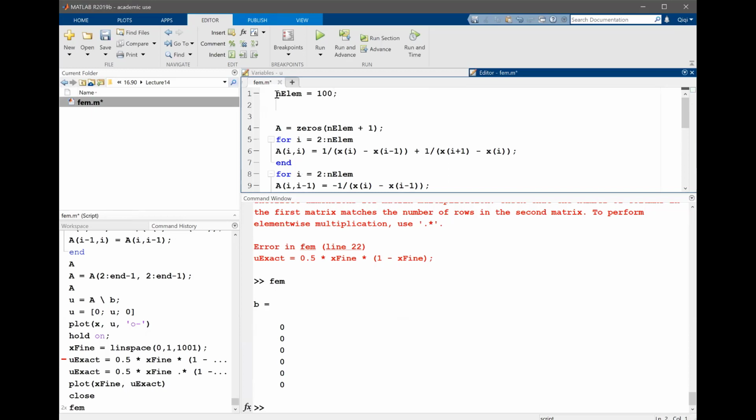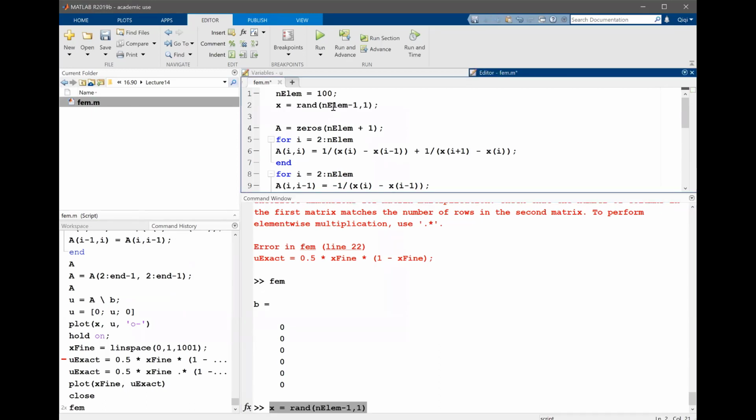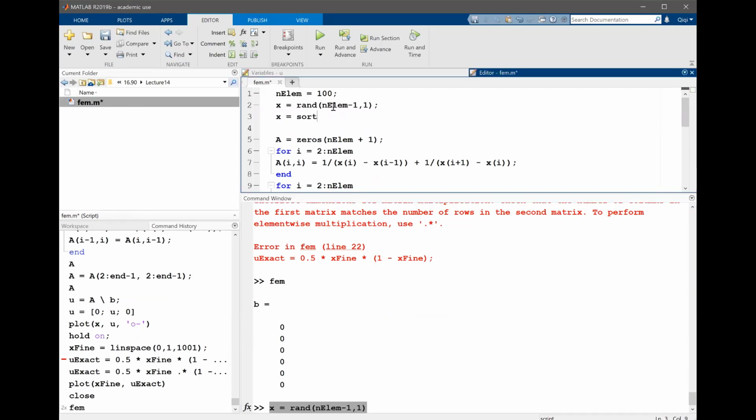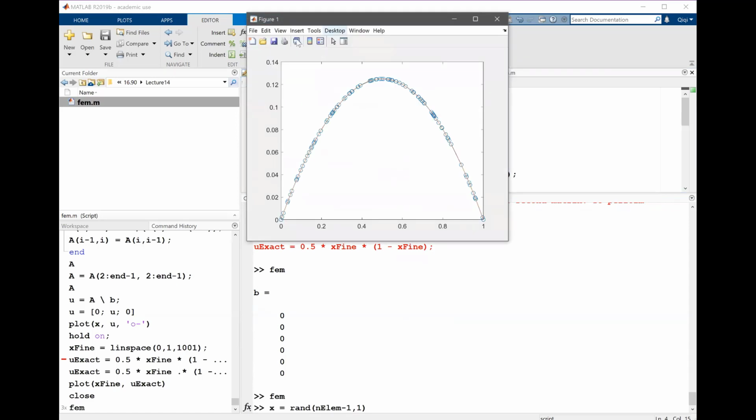I'm still going to be choosing the random numbers. So that is my random number generator, and x equal to sort x, and x equal to 0, x, and 1. That's my new elements partition. It's still random, but much finer. Let's run it to see what it gives me.